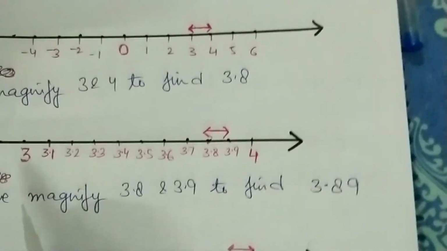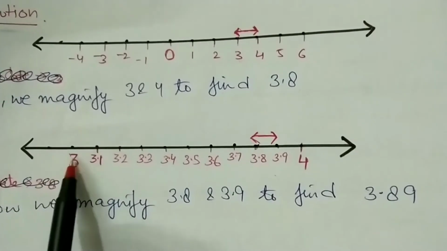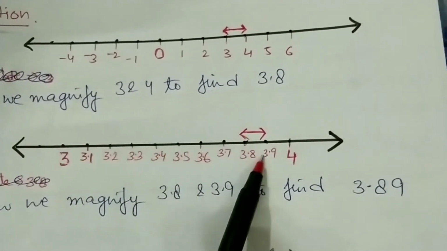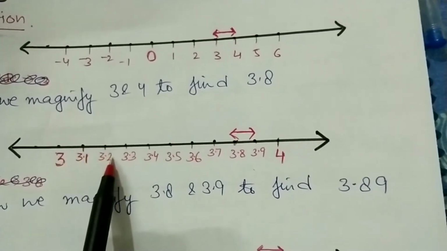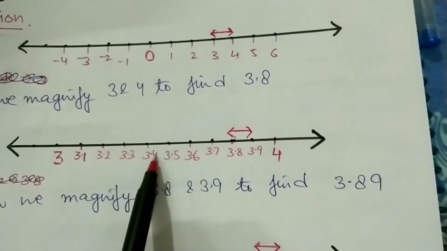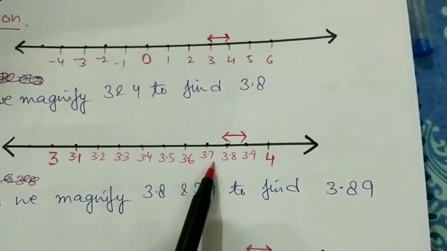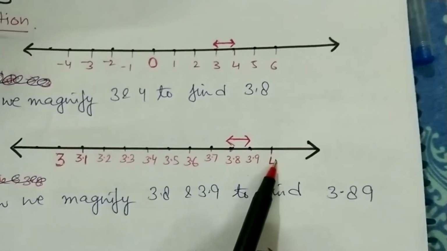So now we are going to magnify 3 and 4. Again, we divide it into 10 partitions. Then we will get 3.1, 3.2, 3.3, 3.4, 3.5, 3.6, 3.7, 3.8, 3.9, and then 4.